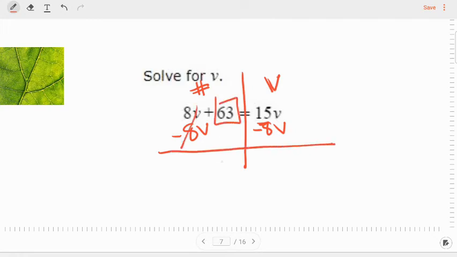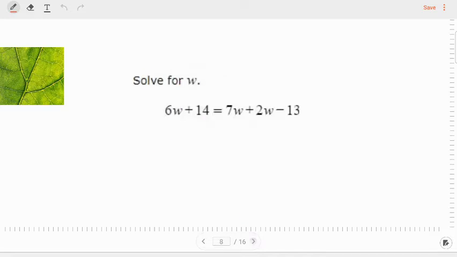So 8 minus 8 is 0. 63 is equal to 15 minus 8 is 7v. This is multiplication. To get v by itself, we divide. So 63 divided by 7 is 9. So 9 is equal to v, or v equals 9, however you want to think about that.